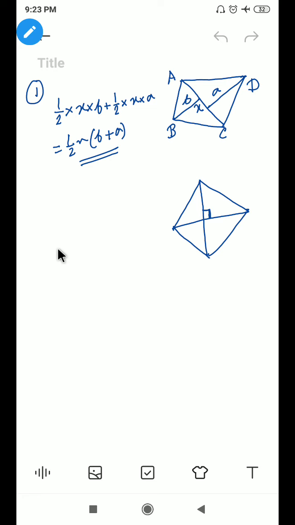That is half into product of the diagonals. So this is our second formula for finding the area of a quadrilateral.